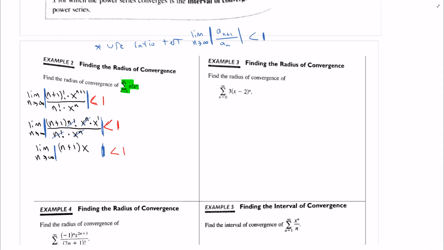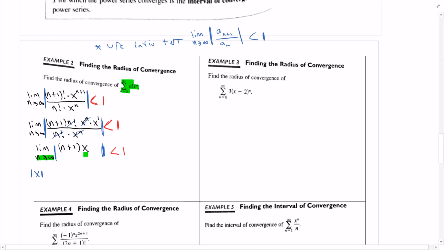So the thing here is, because this limit is dealing with n going to infinity, this x doesn't really matter, right? The x is not going to change in terms of n. So the x is kind of like a constant in this, right? It doesn't have any effect. Like the n does not affect it at all. So we could rewrite this as the absolute value of x.